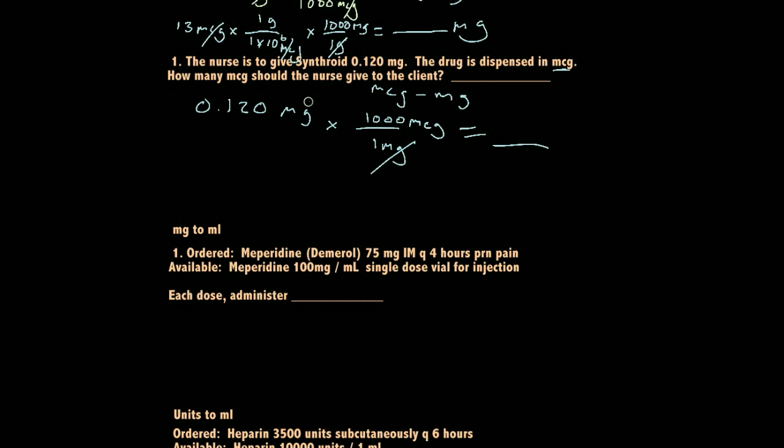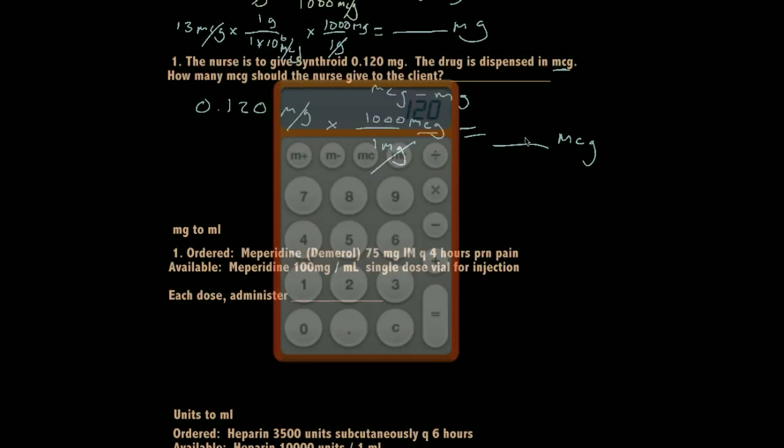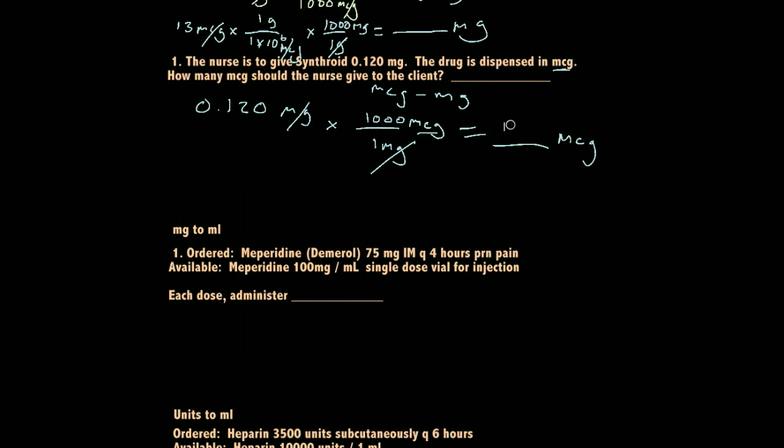My milligrams cancel out, left with micrograms. Easy day, right? We just grab our calculator now. 0.12 times 1,000 equals 120. So we've got 120 micrograms.